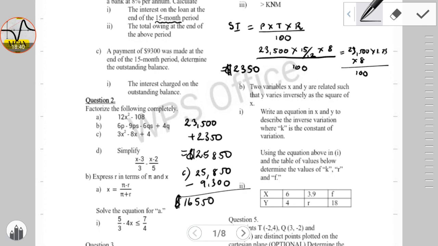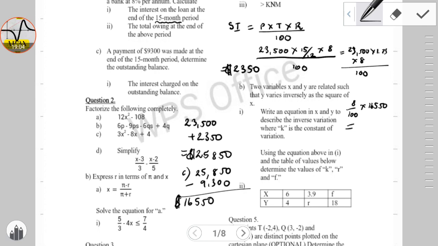All right. And then of course they want to know the interest charged on the outstanding balance. We're going to be calculating this at a 1-year period. So in 1 year after borrowing this, how much would have been the interest charge? It would have been 8% over 100 multiplied by 16,550.